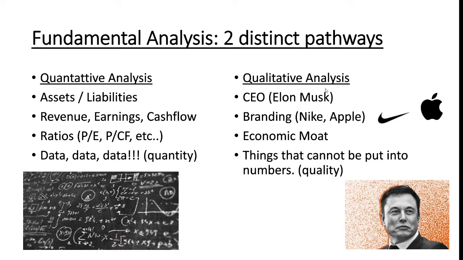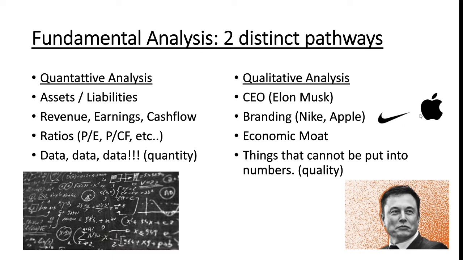Let's start with qualitative. This is essentially the newsreel or the glamour shot or the picturesque company. Qualitative analysis is things that you cannot put into numbers, such as having a CEO like Elon Musk or having amazing branding like Nike and Apple.